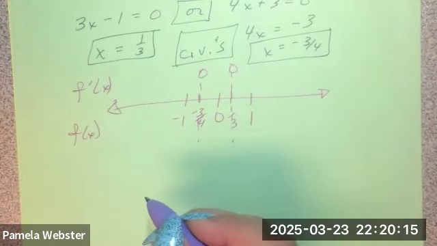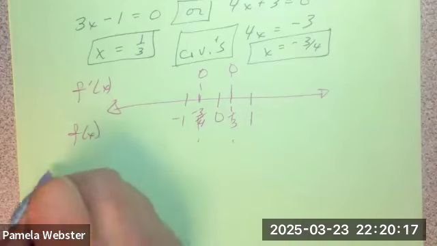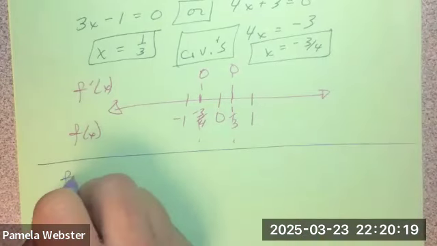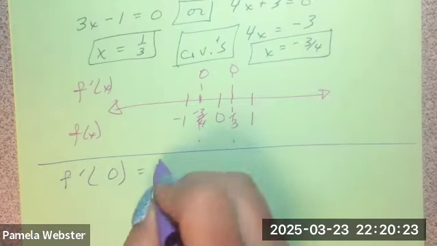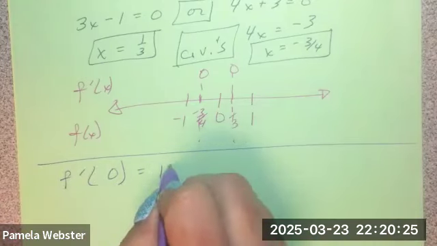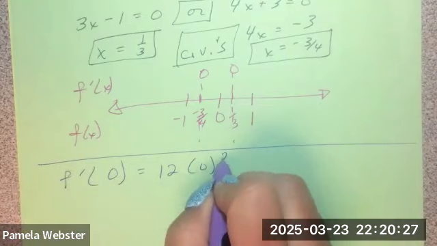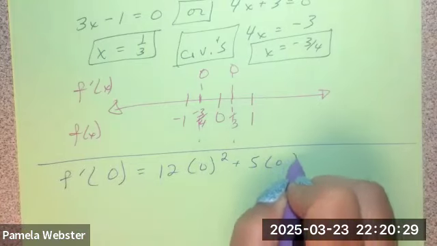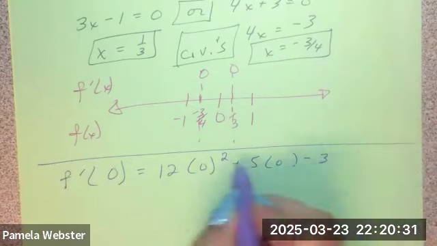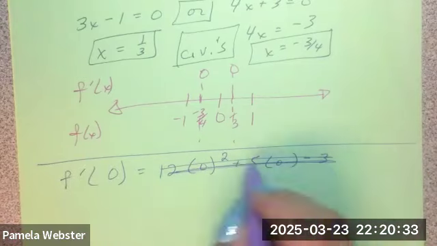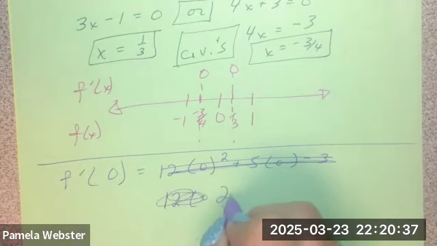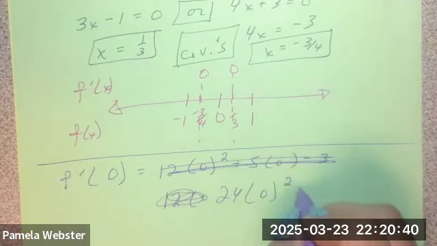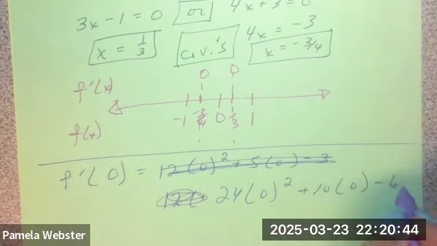Okay. So my derivative was f prime of, let's pick 0, let's do him first, is equal to 12x squared plus 5x minus 3. I'm sorry, that's not actually my derivative. My actual derivative was 24x squared plus 10x minus 6.